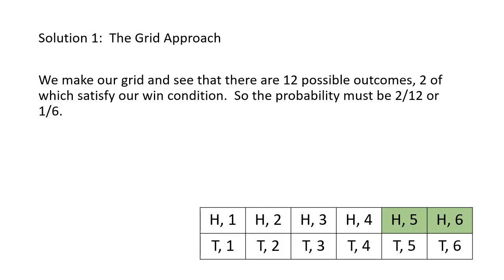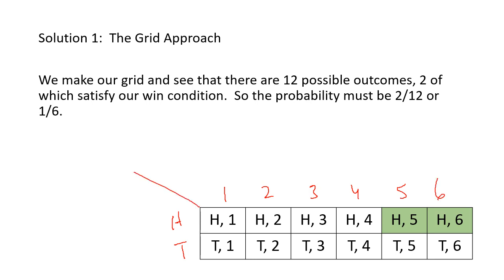So the first way is this concrete way, the area model, this grid approach. We can make our grid, and we can see that along the side we've got heads and tails, and then along the top we've got 1, 2, 3, 4, 5, 6.